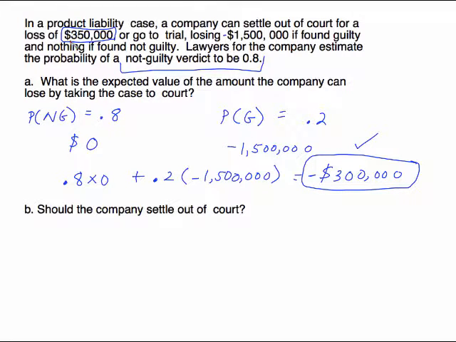If they settled out of court without letting it go to the jury, they'd have to pay out $350,000. So what's better, to pay out $350,000 or to pay out $300,000? And obviously to pay out $300,000 is better, so his decision is go to court. So to answer this question, should the company settle out of court? No.